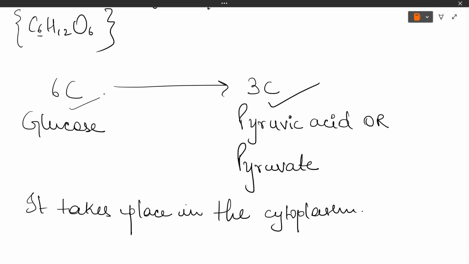It takes place in the cytoplasm, and this process wherein the 6-carbon glucose molecule is converted into pyruvic acid or pyruvate, which is a 3-carbon molecule, is known as glycolysis.